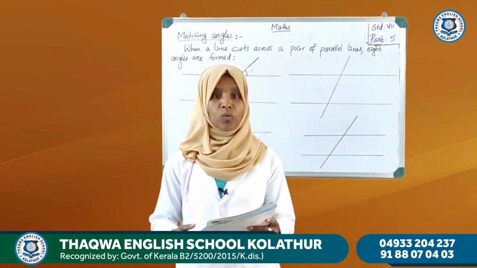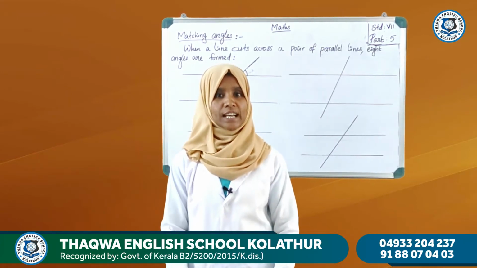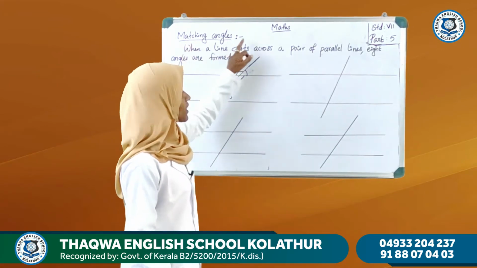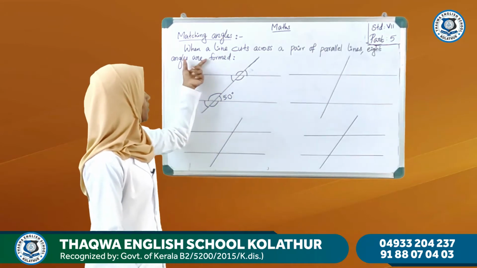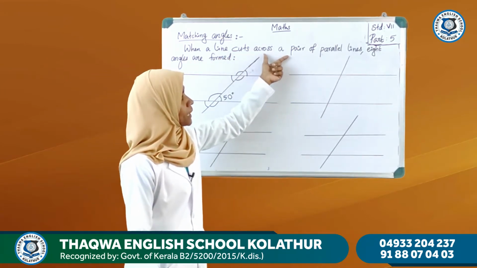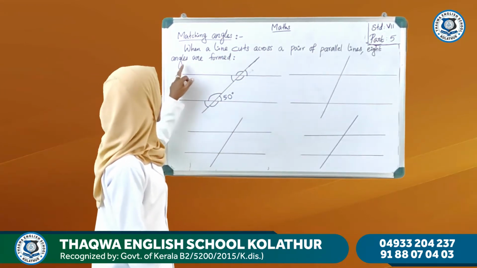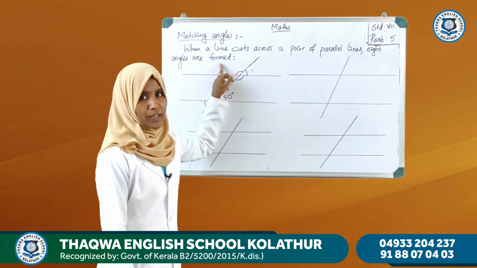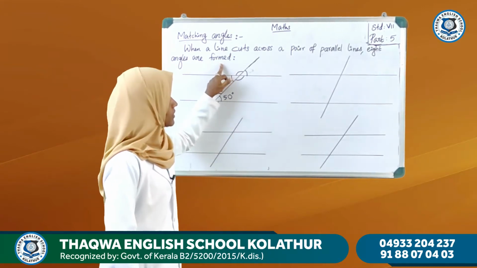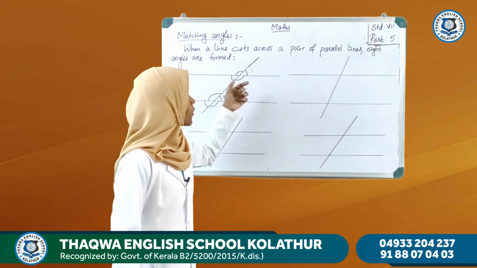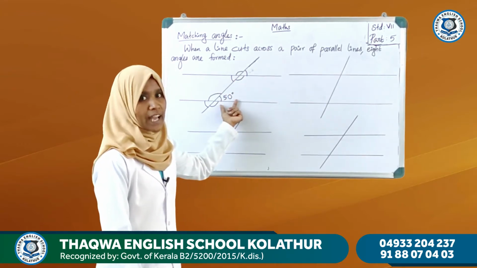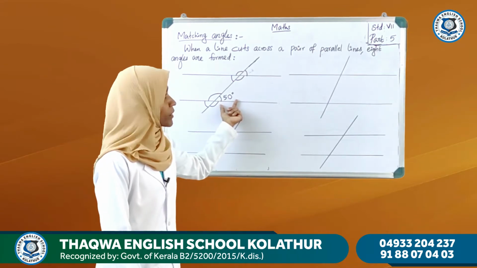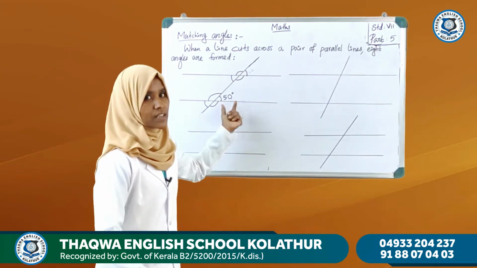Today we are going to discuss matching angles. Listen, when a line cuts across a pair of parallel lines, 8 angles are formed. In the last class we found the angles by using one given angle.